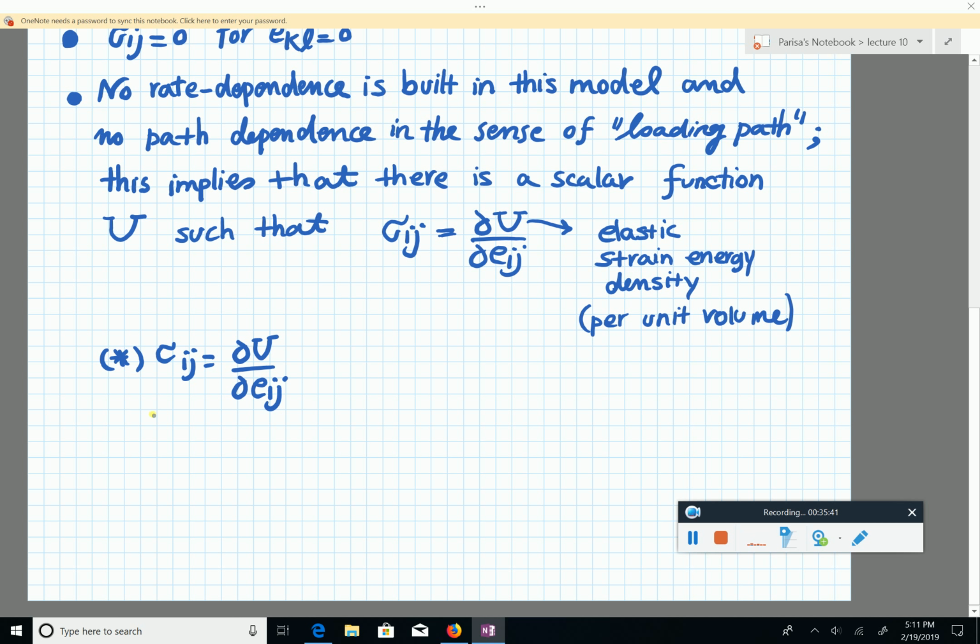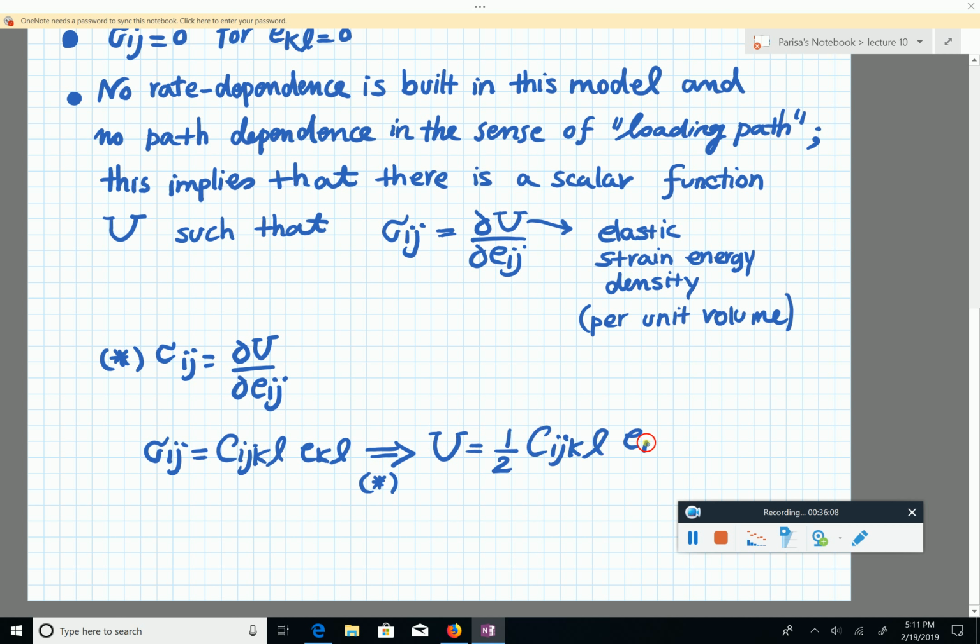And since we know the relationship between a stress and a strain, if we use this equation, then we can write U as this, of course if it is constant, but we get to that.